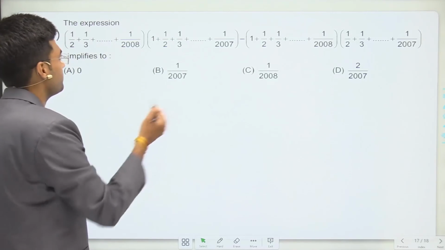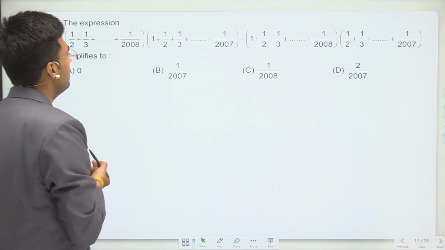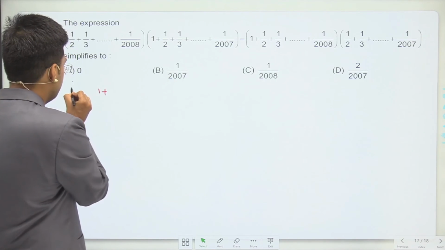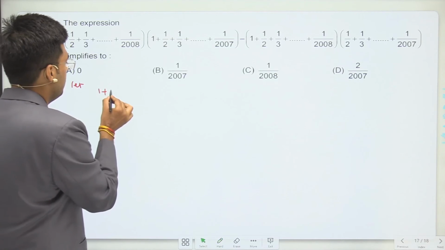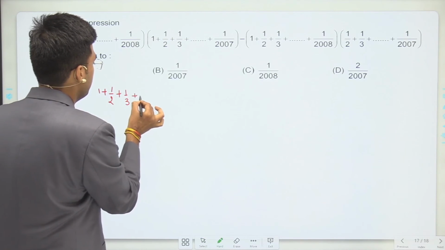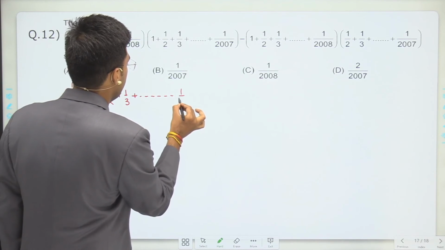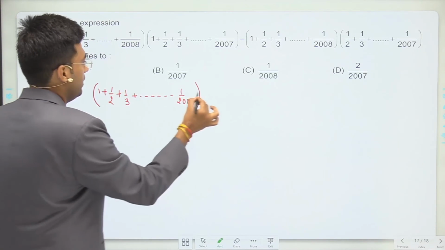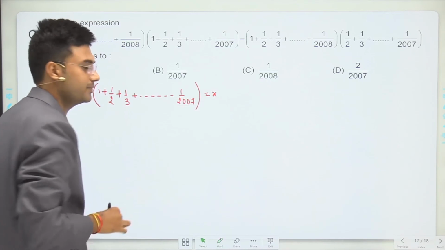Let's see. First of all, let's assume 1 plus 1 upon 2 plus 1 upon 3 up to 1 upon 2007 is equal to x. Okay.